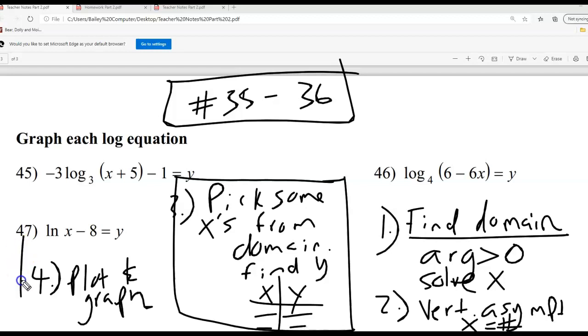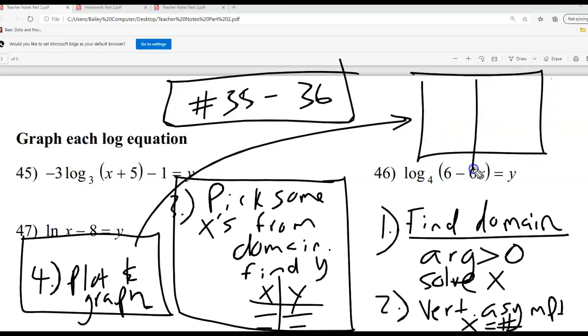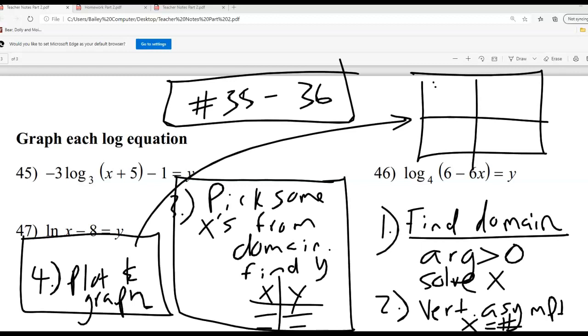Now, as for the plotting and graphing, it's important to understand your log function can look like this. I'll draw a little arrow here. Log functions, regardless of which one we're going to be working with, they always have a vertical asymptote, so I'm going to draw a little vertical line on all of these.